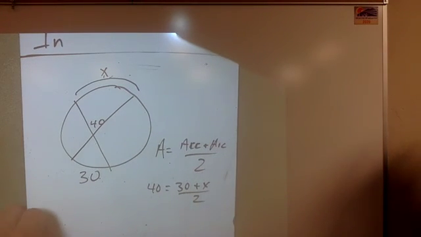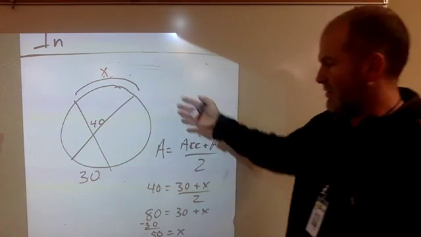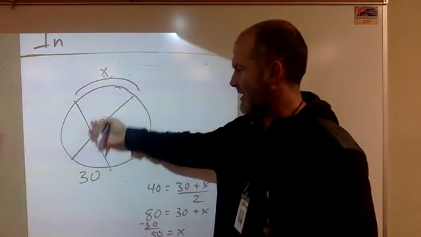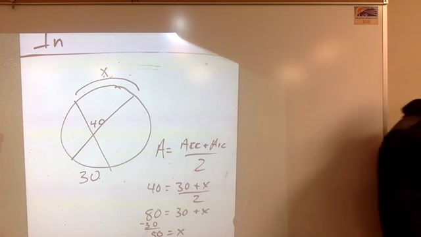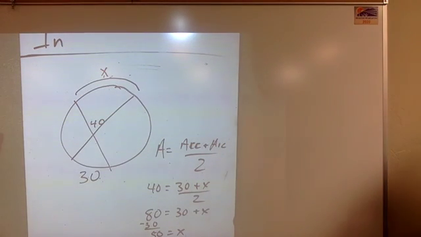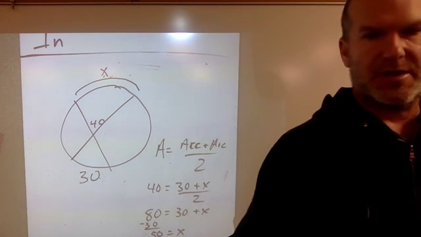You multiply 2 to the other side first, get rid of your denominator. 30 plus X, and then how do you solve for X? You subtract 30 from the other side, you get X by itself, and X is equal to 50. So whether you're doing this problem algebraically or thinking about it logically in your head, you should get 50 for your arc. And that's really all there is to problems that I call inside the circle, but not at the center.